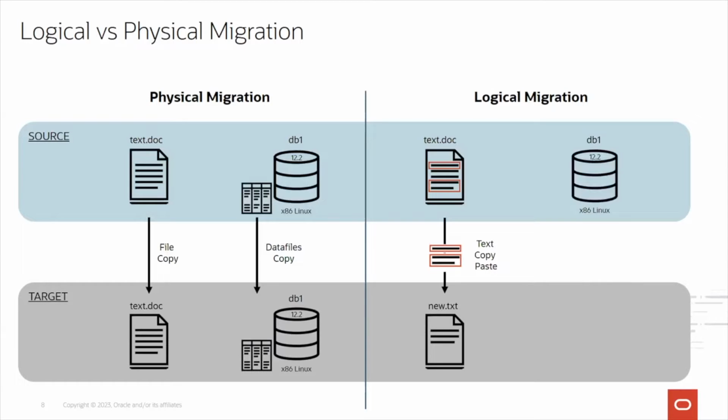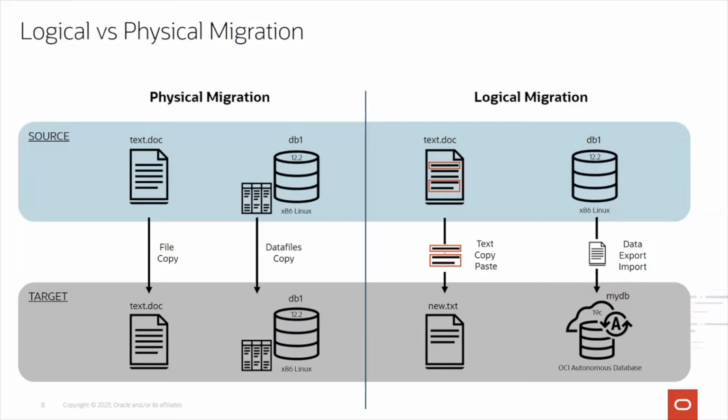In a similar way, if you want to logically migrate the same database, instead of copying the files using the operating system or RMAN, you take a logical export using expdp. Then you move the dump file to the target and import it there. Here I have shown Autonomous, but the target can be even ExaDBD. Once you understand the difference, it is much easier to understand any migration.